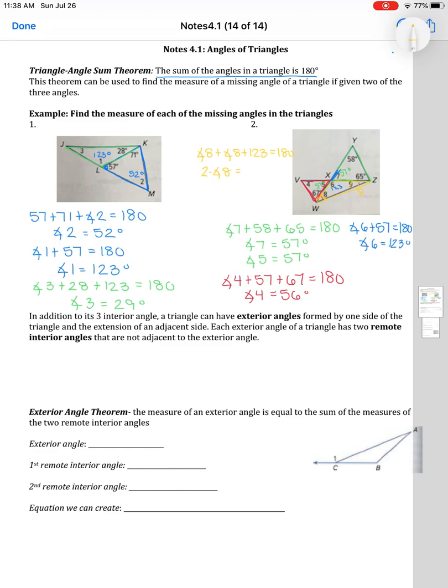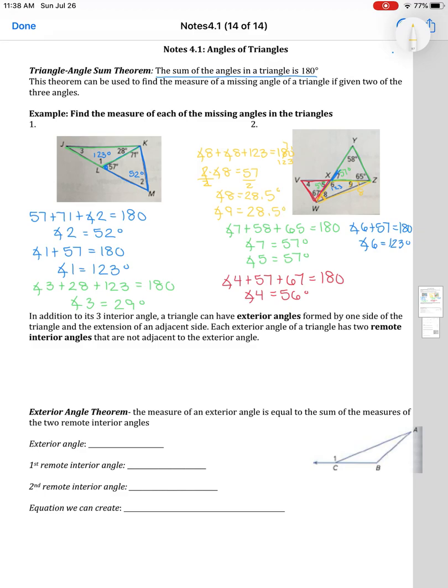And then if I look at that bottom triangle right there, you also notice that 8 and 9 are equal to each other. So if I make this also equal to 8, they're going to be equal to the same thing. So I can say that, put it over here, angle 8 plus another angle 8 plus 123 equals 180. So that means 2 times angle 8.